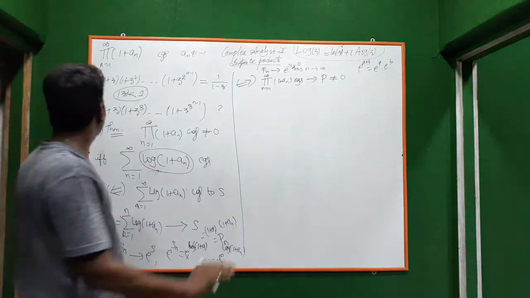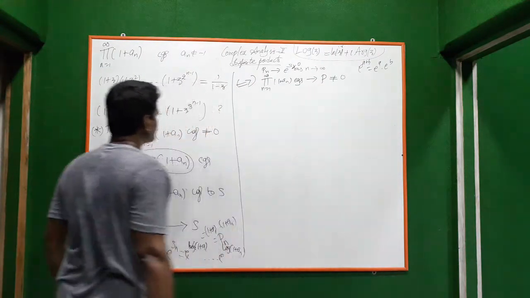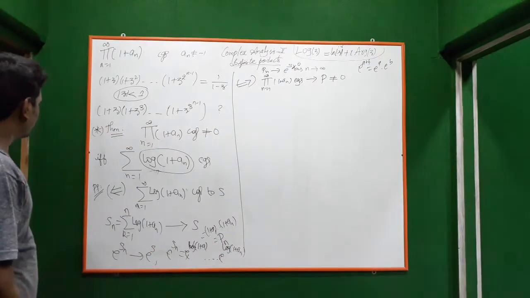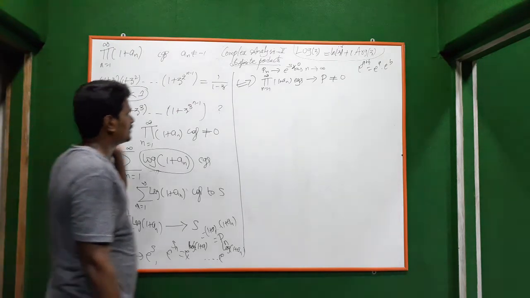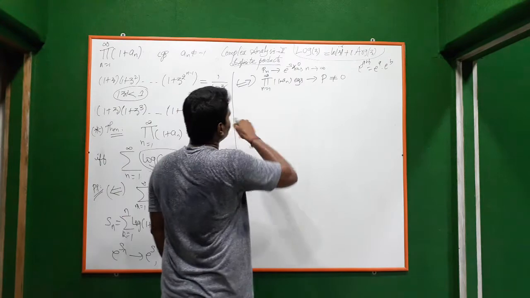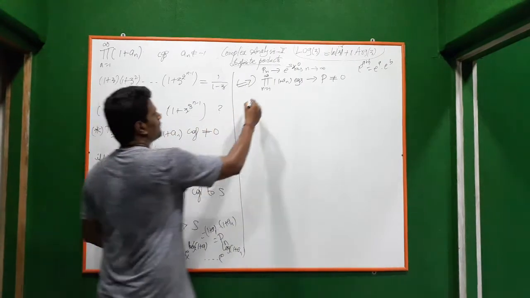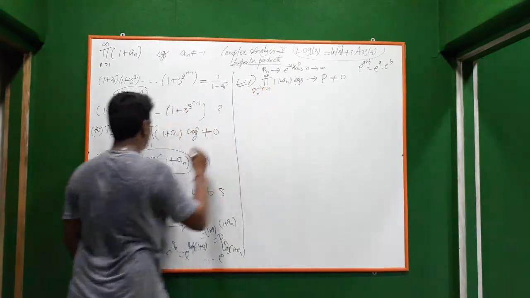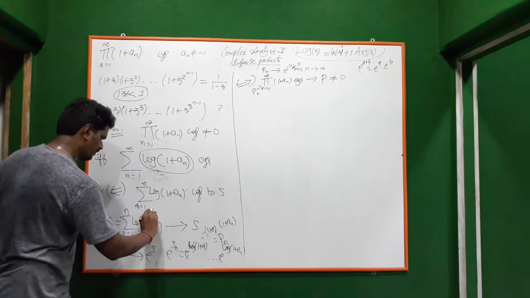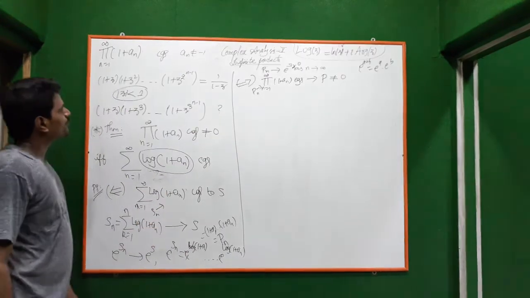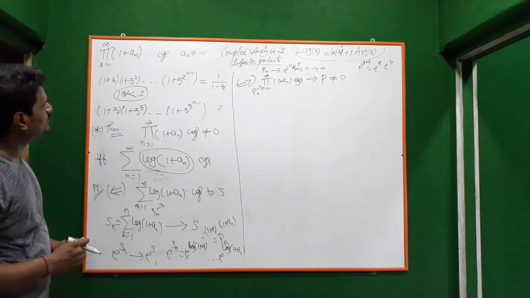So any complex number. If this converges, then we have to find where this will converge. So take Pn as the partial product of this and Sn as the partial sum of this, and we can prove this.